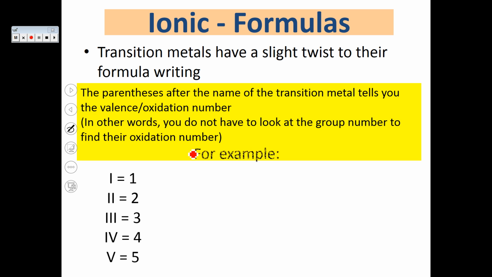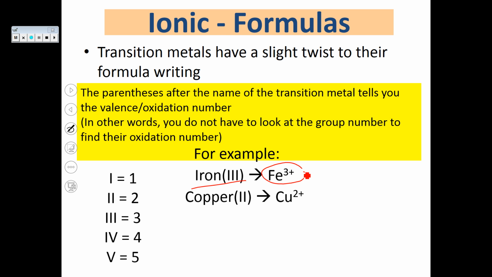So here, for example, you'll see the name iron 3. What that means is that iron has an oxidation number of +3. Because they are transition metals, their oxidation numbers are going to be positive. It really doesn't matter because the positive signs drop anyway, but just so you know, they are all going to be positive because the metals are always going to lose their valence electrons. Copper 2 becomes Cu2+.